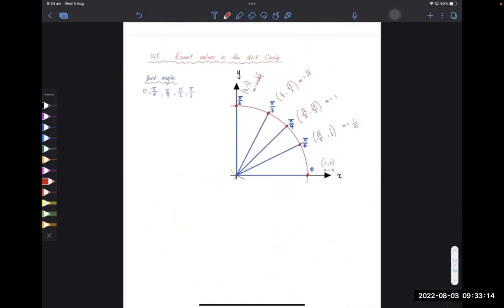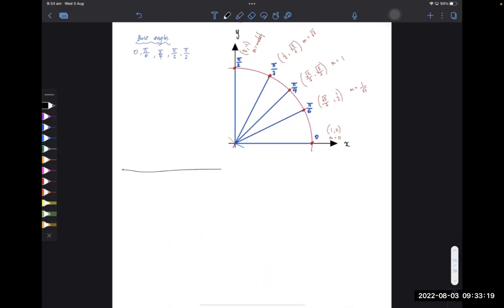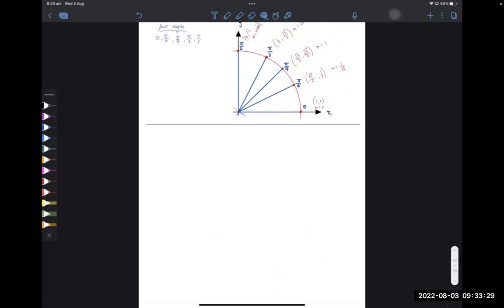Now in the bottom half of this section, what I'd like you to do is draw out a big unit circle. Doesn't have to be perfect, but just a big unit circle.